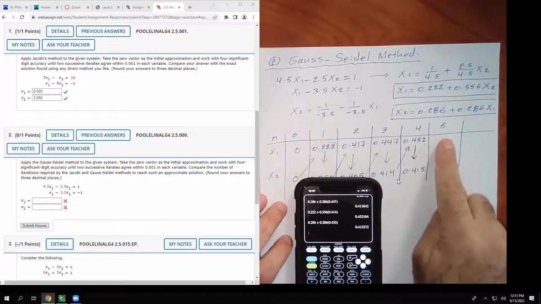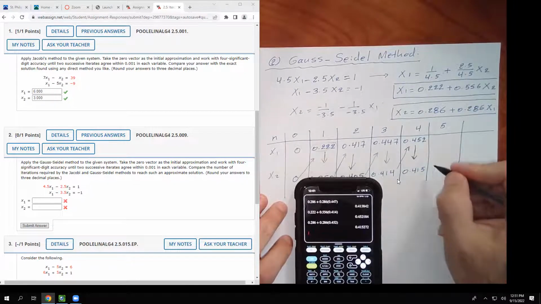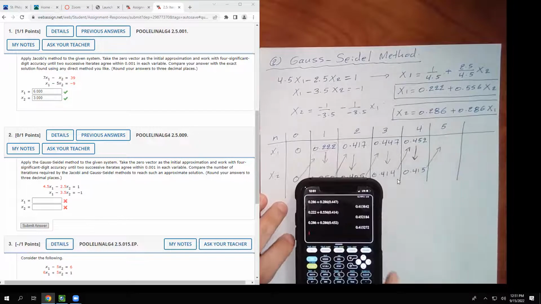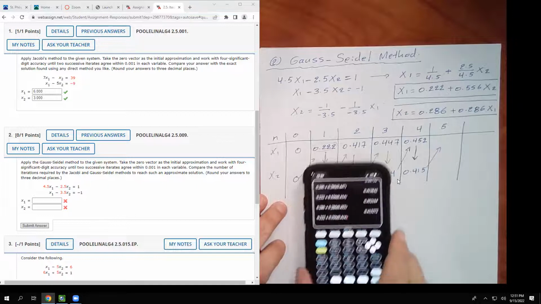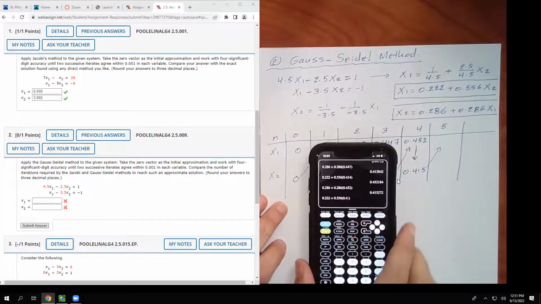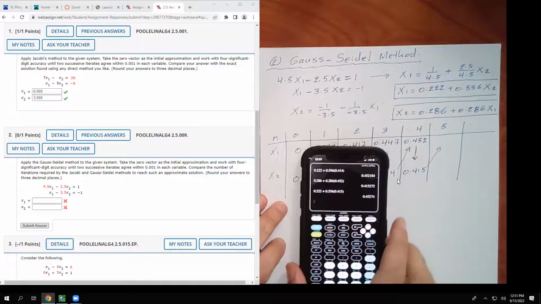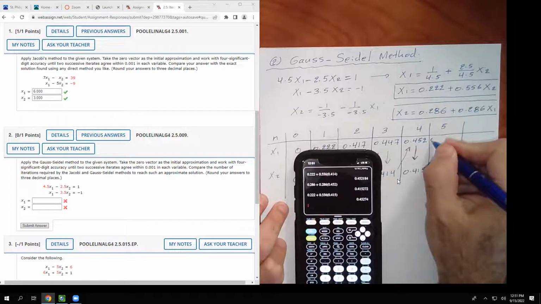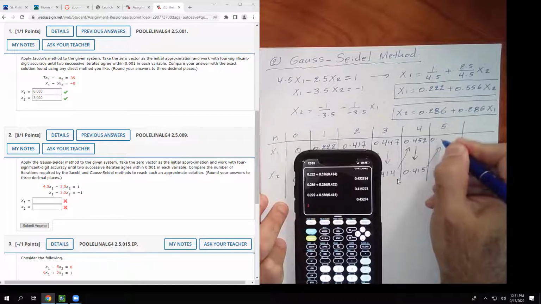Let's find x1. We're going to use x2. That means use this function. Change the number to 415. So it's going to be exactly the same number, 0.452.